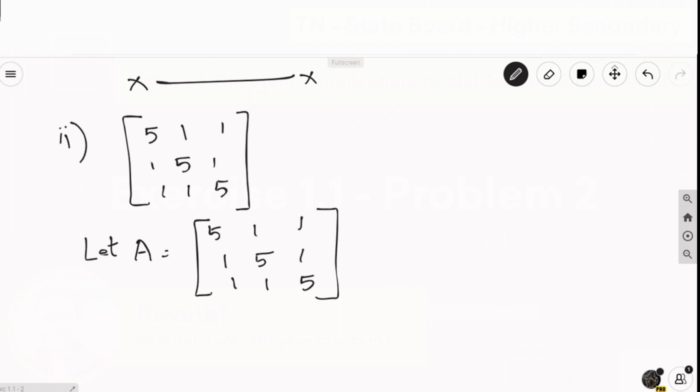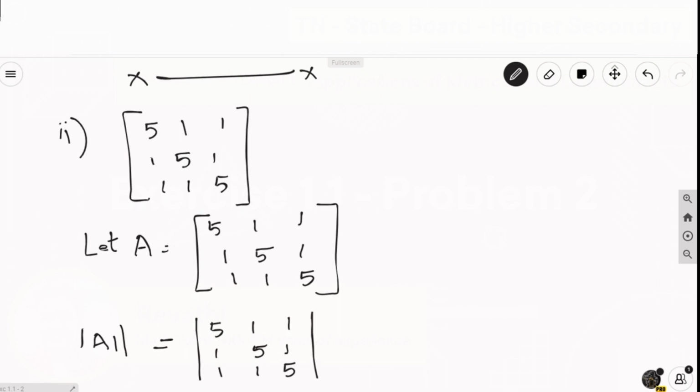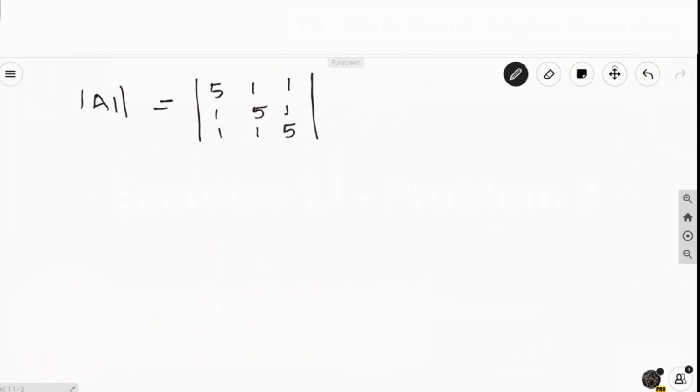We have to find the determinant value of this matrix, that is determinant of A. By expanding this determinant, we find the value. You would have seen in your previous year classes, expansion of the determinant.